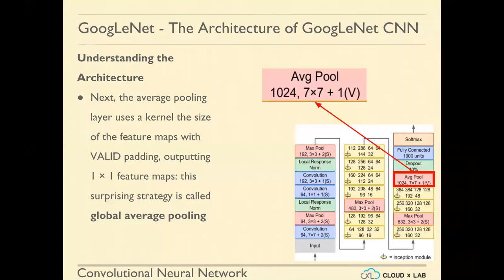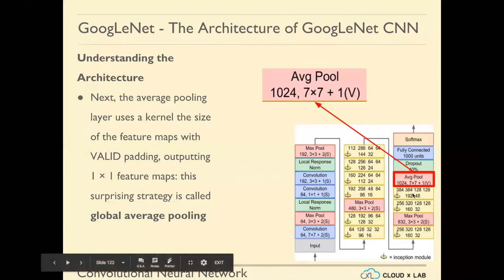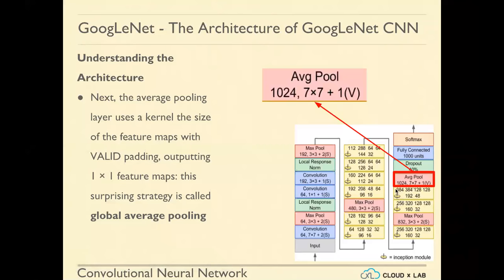So here, after the average pooling, we are getting 192 feature maps. And at this stage, we are using the average pool, which is generating 1024 total neurons. And afterwards, we are using a dropout strategy. Okay. So this average pool is essentially the global averaging pool.